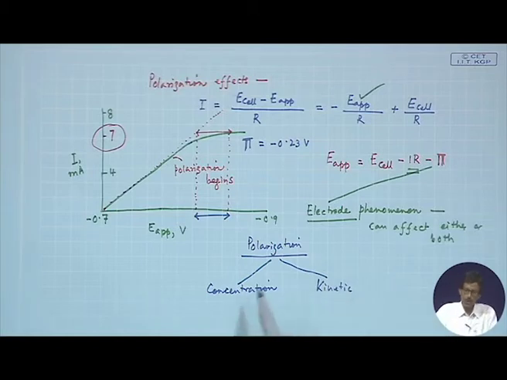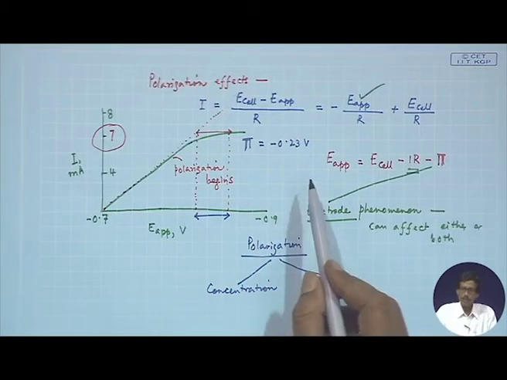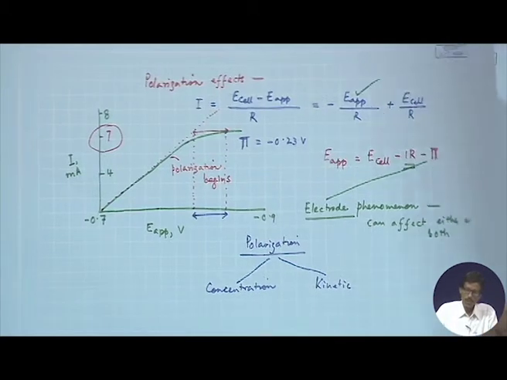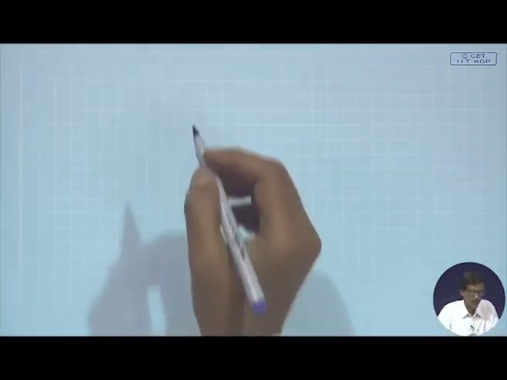The way we all know, when we talk in terms of the electrode potential, we have the thermodynamic electrode potential, but you can also have some kinetic effect, the kinetics of the electron transfer reaction, how fast and how slow it is, whether you are talking in terms of the oxidation or the reduction reaction. So, you have the concentration polarization as well as the kinetic polarization.